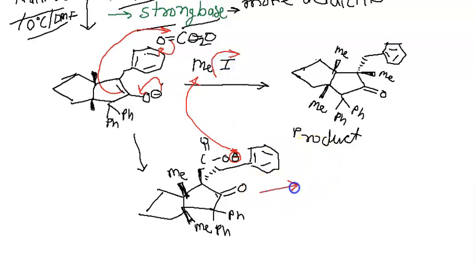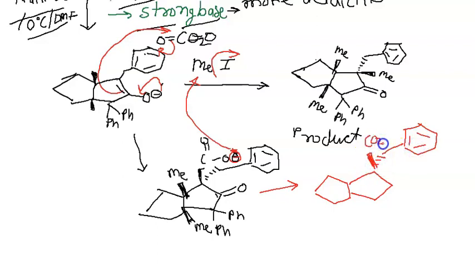The final product formed in this reaction has a benzyl group, and CO2Me around the plane, with Me here, Me here, and Ph, and a CO here. This is the final product of the reaction.